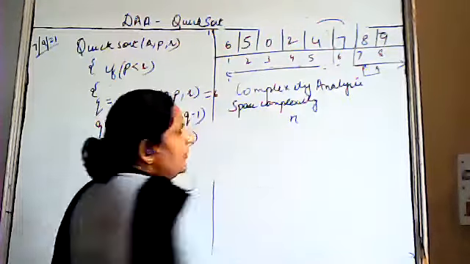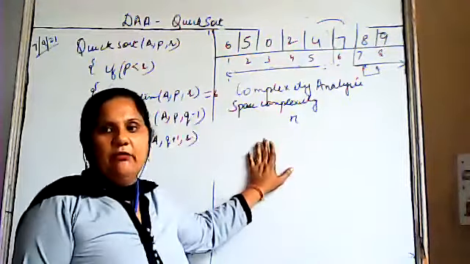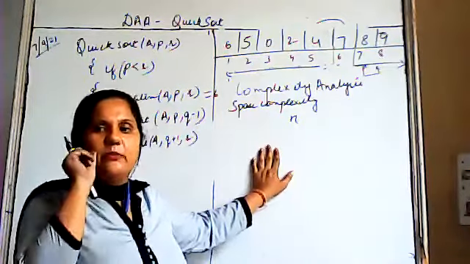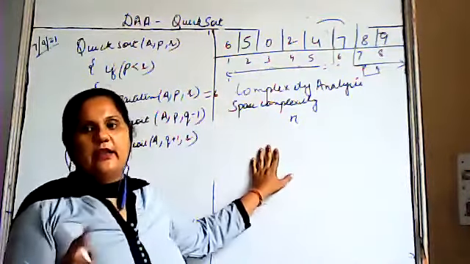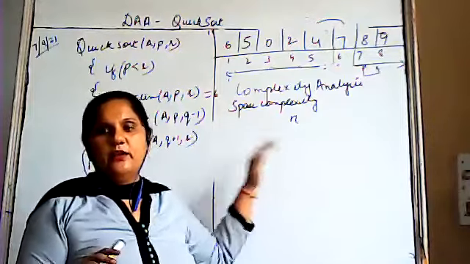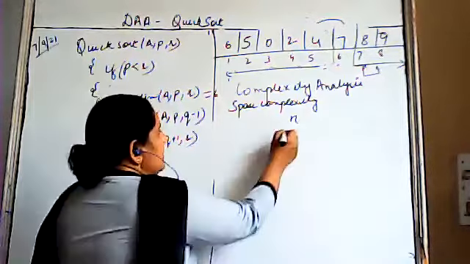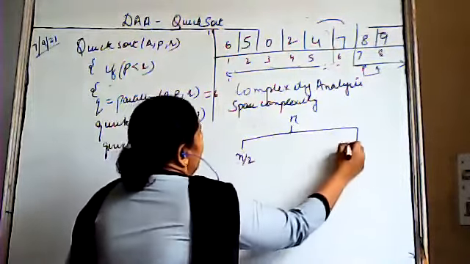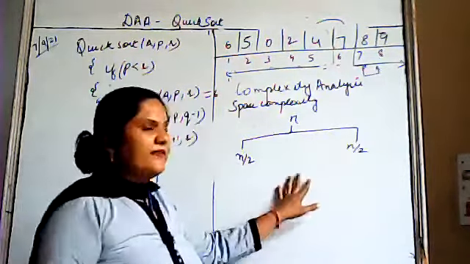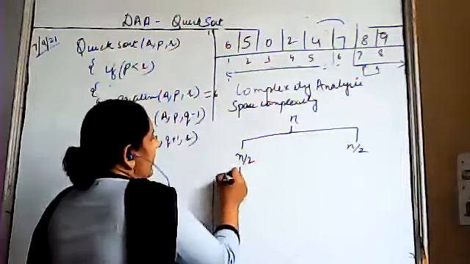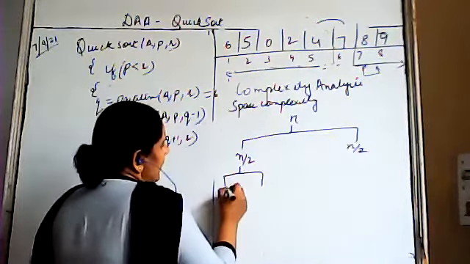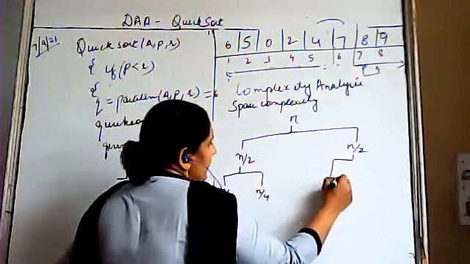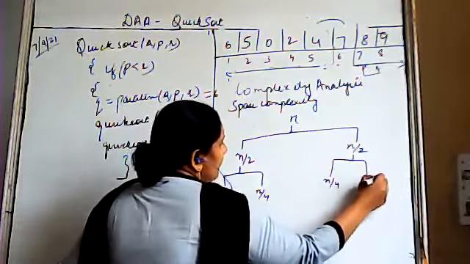See, we have n elements, and if we are choosing the pivot element in such a way that it is dividing the entire array into two sub arrays, that means it would be divided by 2 only. N will be divided by 2 into 2 equal halves. Then this n by 2 again will be divided into 2 equal halves, n by 4 and n by 4.